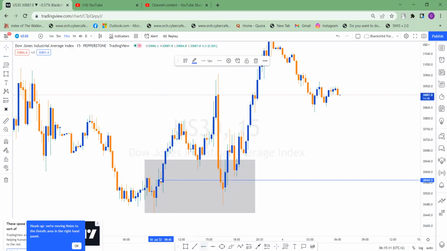Somebody might consider it, right? And then there's another important zone somebody might consider, which is this one.